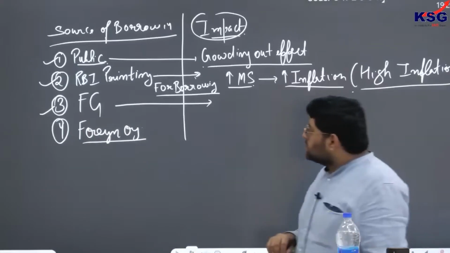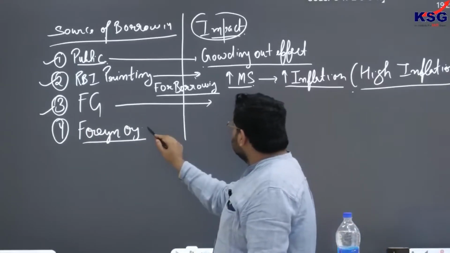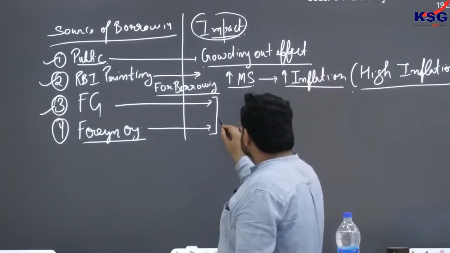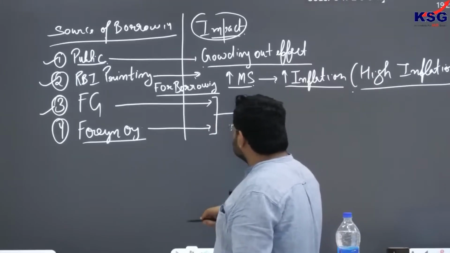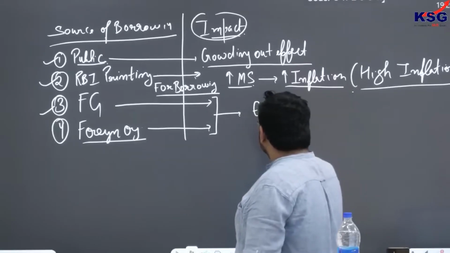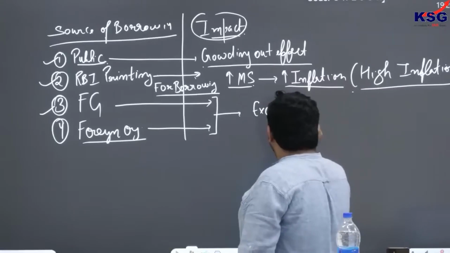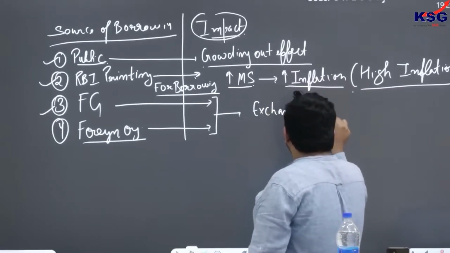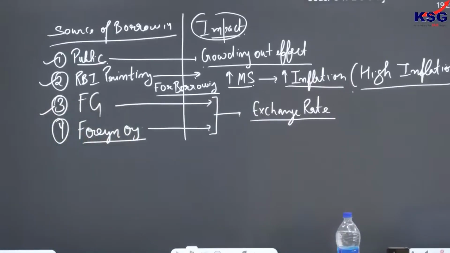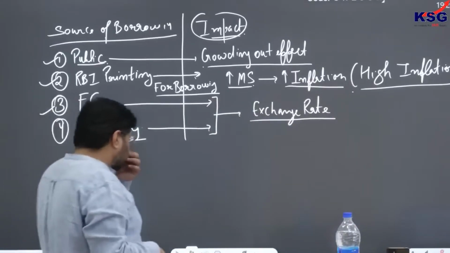Next, foreign government. When you take money from a foreign government or foreign institutions, there will be consequences, like an effect on the exchange rate. Can anyone tell me what the effect will be? Is it appreciation or depreciation of the currency? Please tell me, I am waiting for your answer.